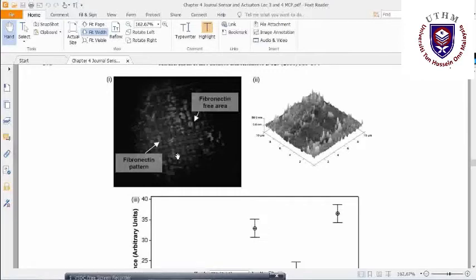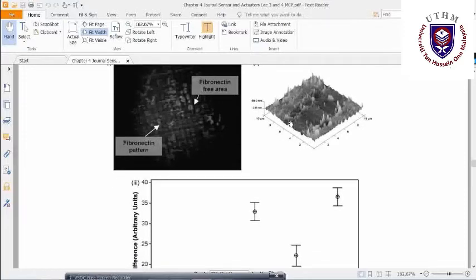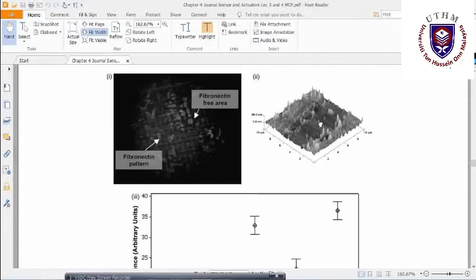Okay, this one is just the same surface plasmon images. What we did was select the protein grid areas, the 3.1, 3.8 and 1.8 micrometer areas, and then subtract the fibronectin free area, the squares, from the measurement data. This is how the sample looks under the AFM, the atomic force microscope, because it has a similar measuring technique to the wide field surface plasmon system.